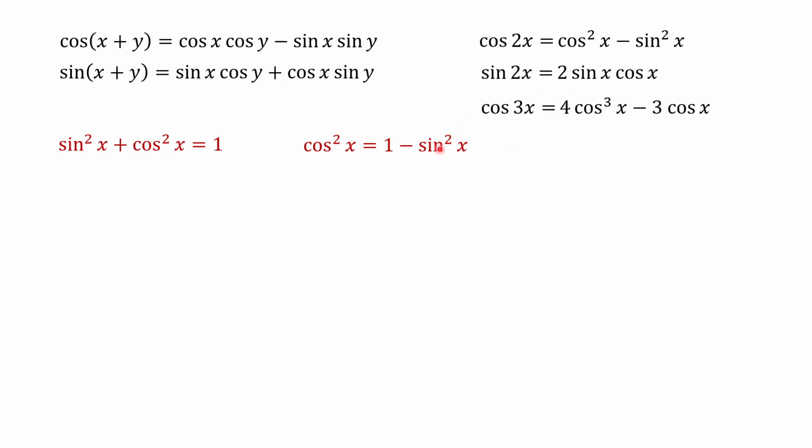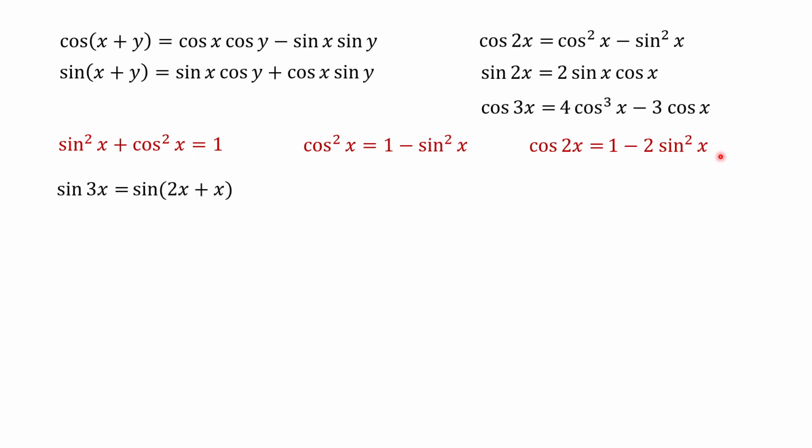And then we can use this value for cosine squared to put in this formula for cosine of 2x. In this case, we get that cosine of 2x is 1 minus 2 sine squared x. All right. Now we're ready to go.